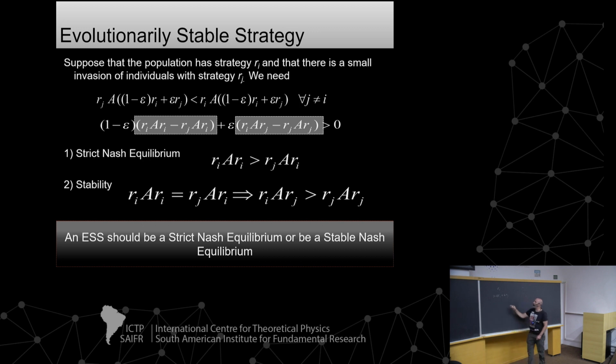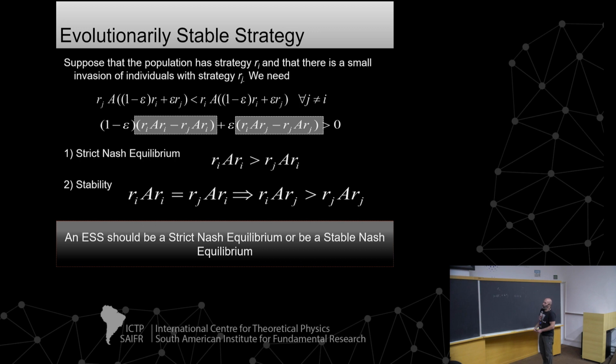Because there is a mutant, epsilon is very small, so there is only one mutant or a small quantity of mutants entering the population with this strategy. So the composition of the population at the beginning was all the population adopting the same strategy, and now I have something like that. There is a fraction of the population equal to 1 minus epsilon adopting the strategy Ri, and a fraction epsilon adopting the strategy Rj.